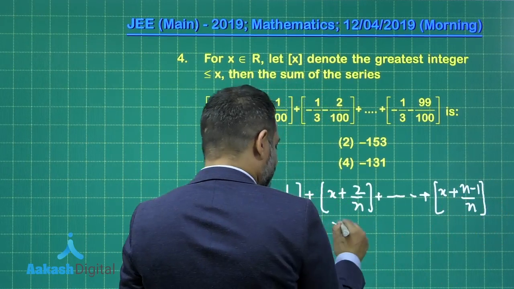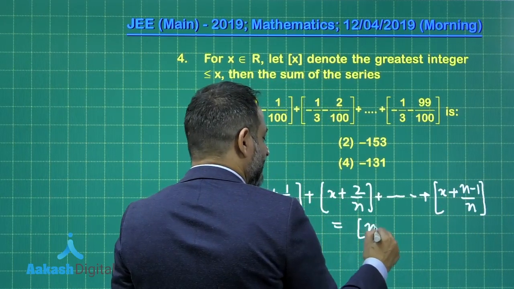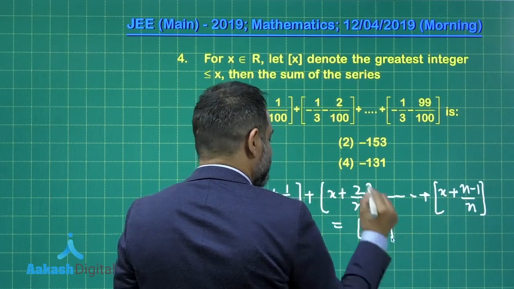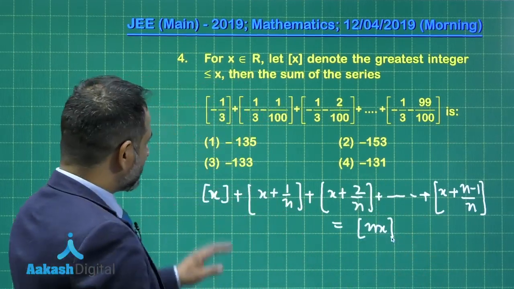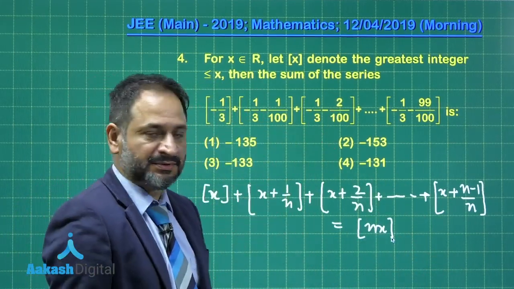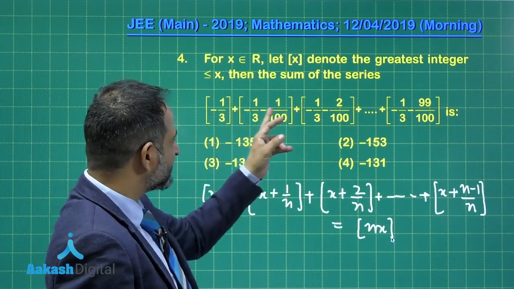The sum of this is greatest integer of n into x. Now, you can see it is very similar to this, but there is a negative sign out here.